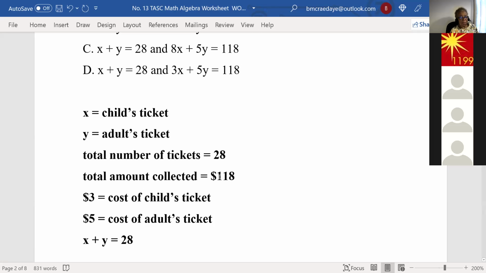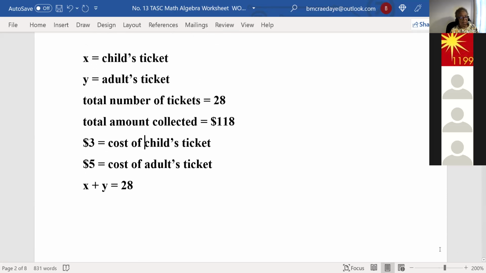This amount collected, how do you get that? You know X, the child's tickets, and you know Y, the adult tickets. If you want to find how much you made from the child's tickets, what would you do? Do you have to divide? No, you multiply.